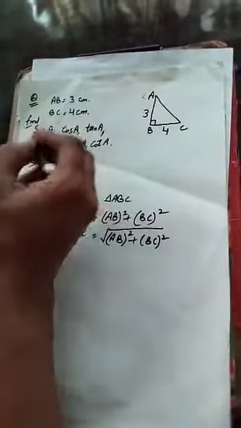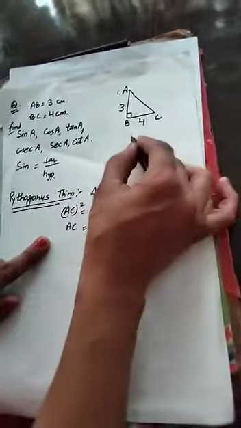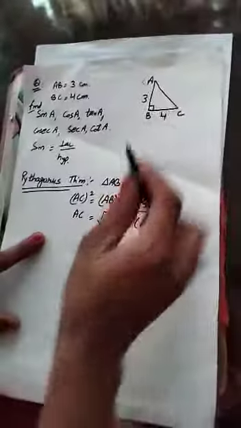So first of all, if we have to find any ratio, we first have to find all three sides. By Pythagoras theorem, if two sides are given, we can find the third one.